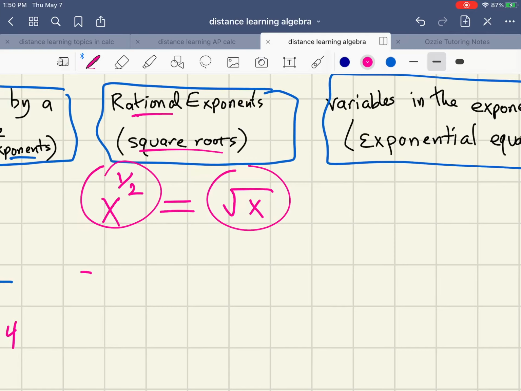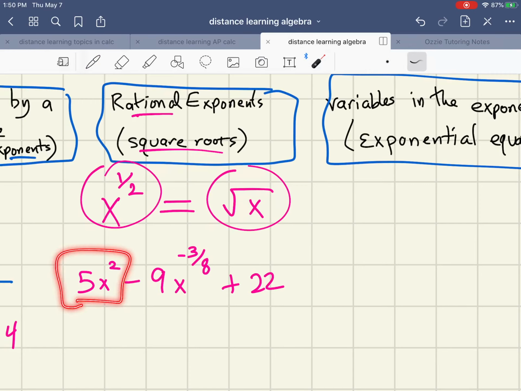So, example, 5x squared minus 9x to the negative 3/8 power plus 22. 5x squared is fine. 22 is fine. Oh, here's a fraction. Not only a fraction, it's also negative. So it violates both of these rules about being a polynomial. This is no good. Now, that doesn't mean we can't work with it later on, but for now, we're not studying that type of equation.